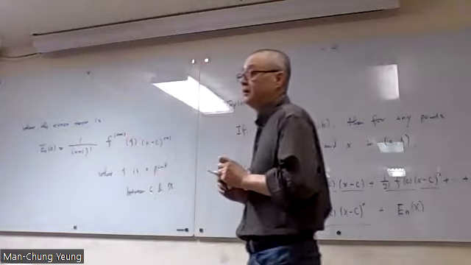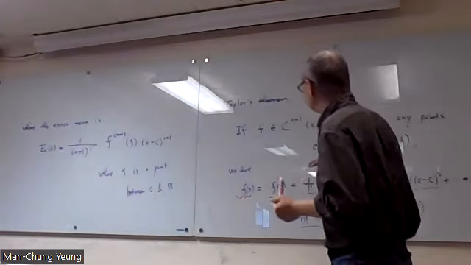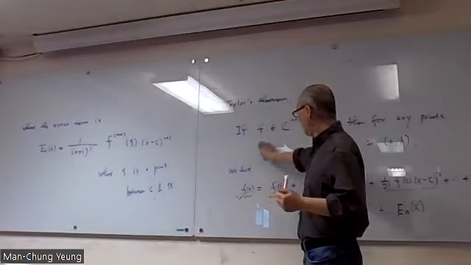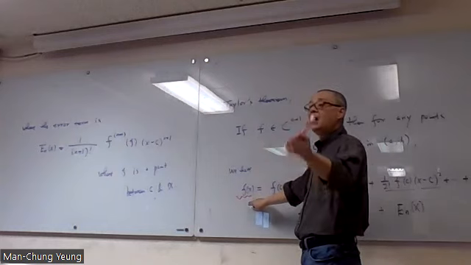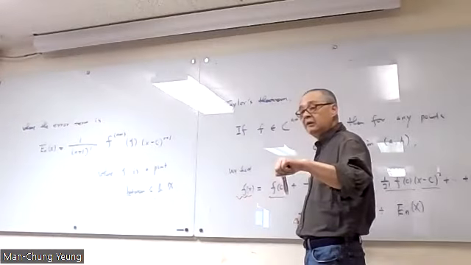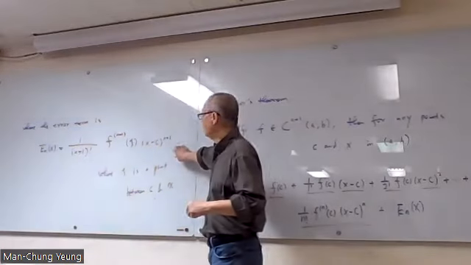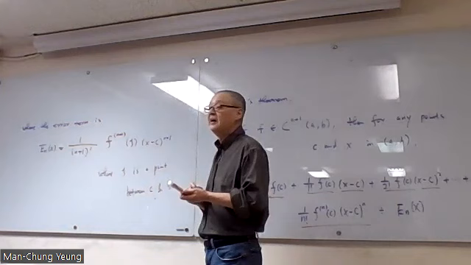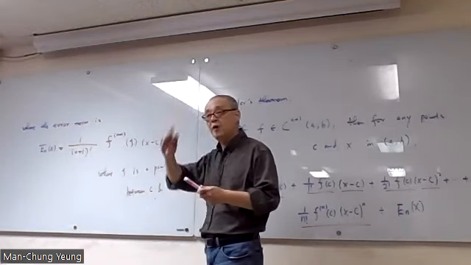So Taylor's theorem says that a general function can be approximated by a polynomial. The error is given by this formula. Taylor's theorem has two forms.